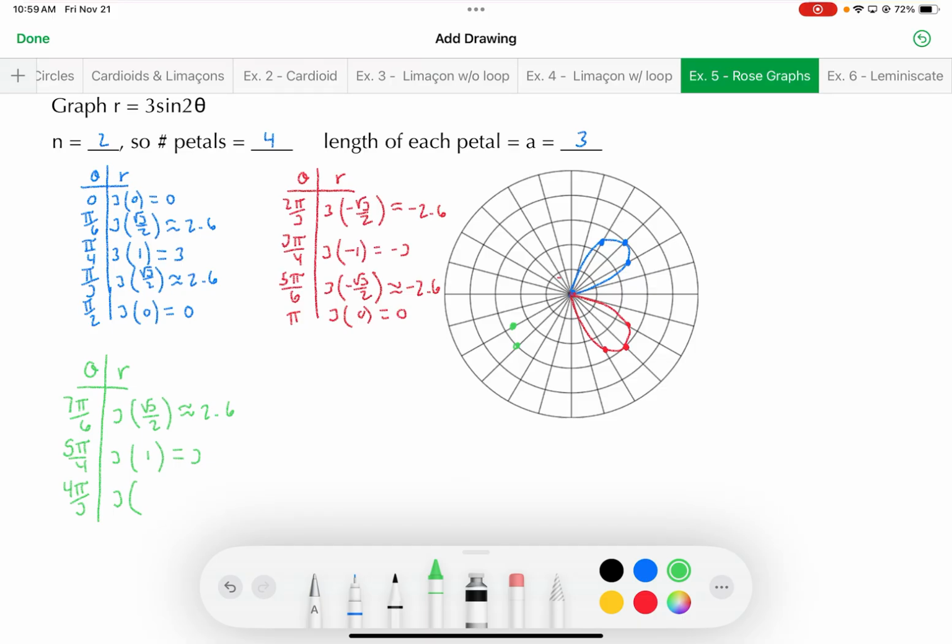Sine of 2 times 4 pi over 3 is going to be sine of 8 pi over 3. That's going to be radical 3 over 2 again. You get another 2.6. That'll put you right here. And then if you use 3 pi over 2, you're going to get 3 times 0 again, or 0.